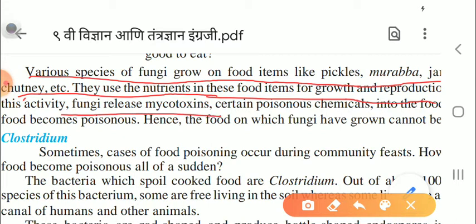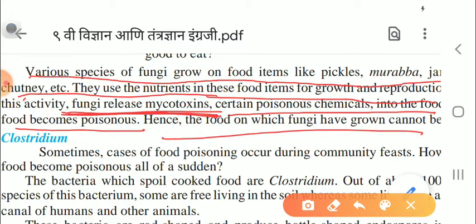During that time, the fungi release mycotoxin. I am underlining it twice so that you can learn it. It is a very important point. Certain poisonous chemicals are released and left in the food and it becomes poisonous. So we should avoid having such food.